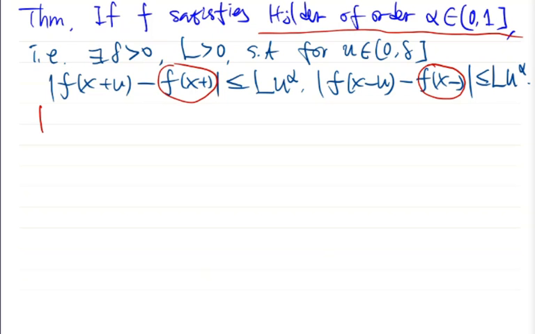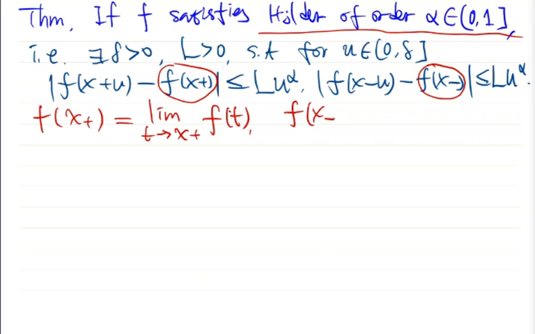Here f(x+) is the limit as t goes to x from the right, and f(x-) is the one-side limit as t goes to x from the left.